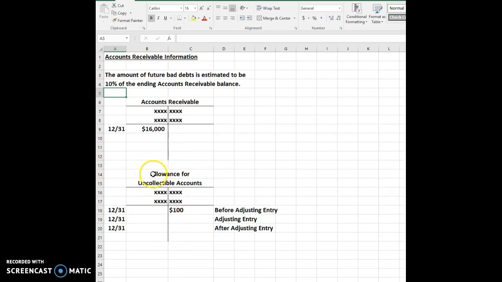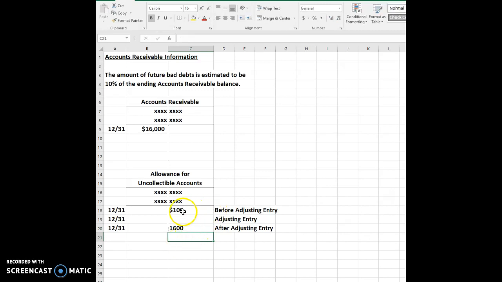This new account here is called Allowance for Uncollectible Accounts. We use this as part of the adjusting entry. And so what we'll do is, again, take 10% times the ending accounts receivable balance, and we would like to have $1,600 in here after the adjusting entry.